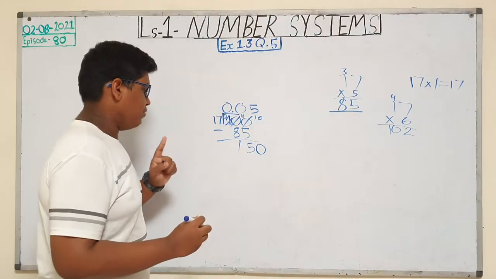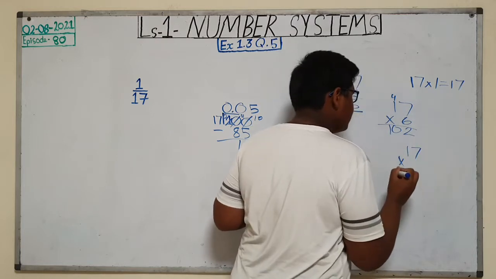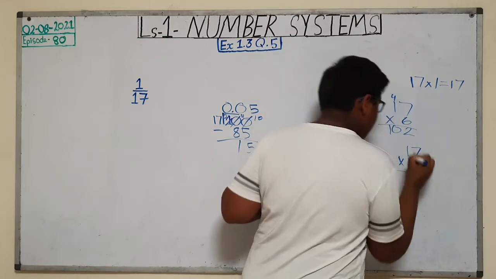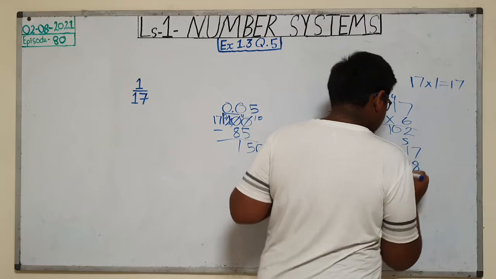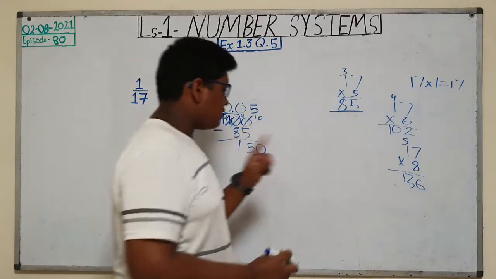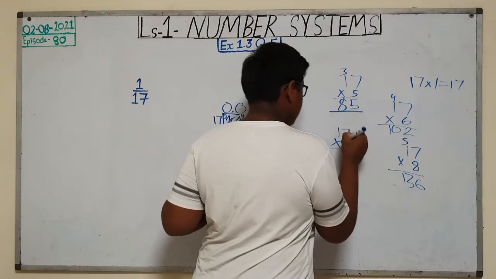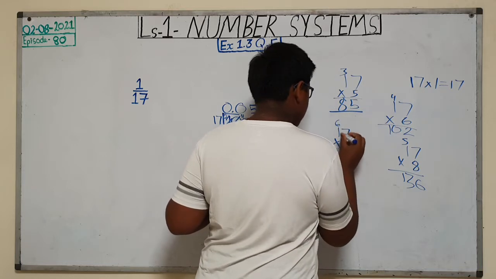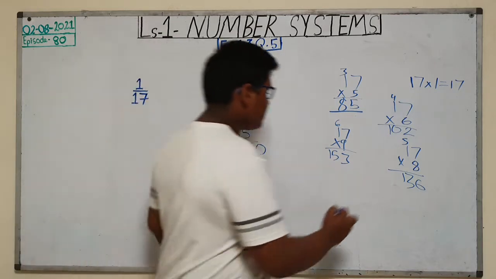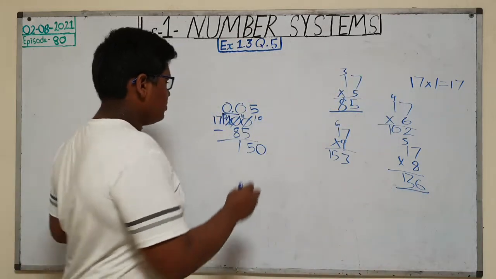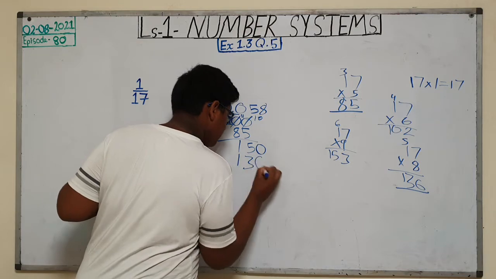Let's check in which multiple we can get 150. 7 eights are 56, 8 ones are 8, plus 5 is 13, so we are getting 136. And 17 into 9: 7 nines are 63, 9 ones are 9, plus 6 is 15, so we are getting 153. So let's go with 136. Let's take 8 over here.